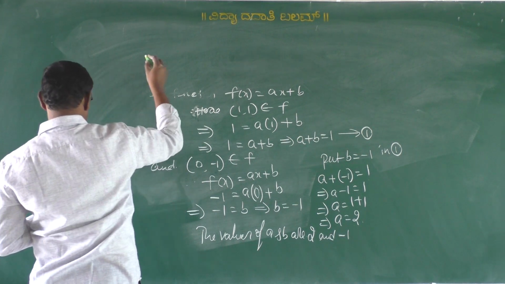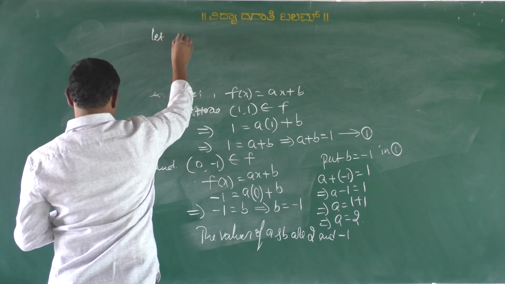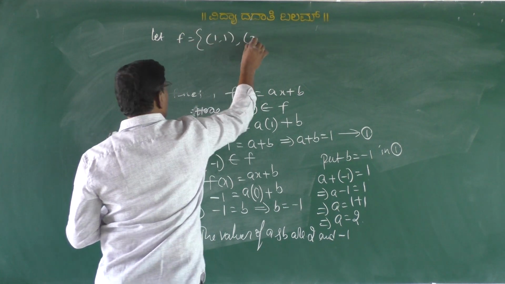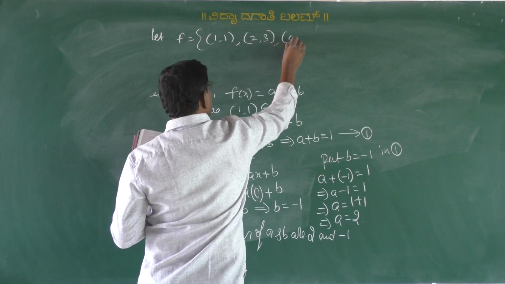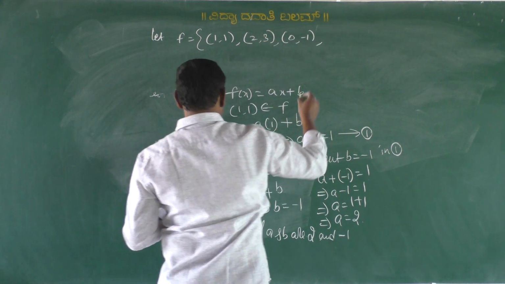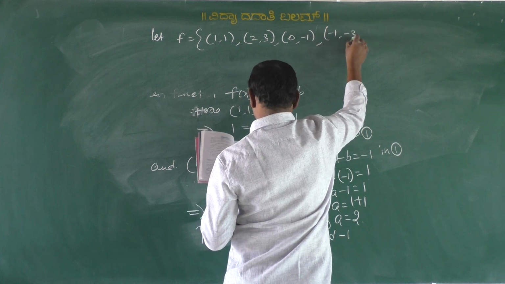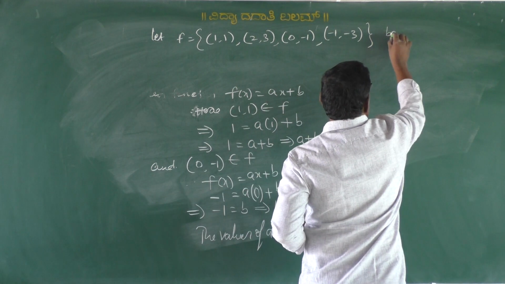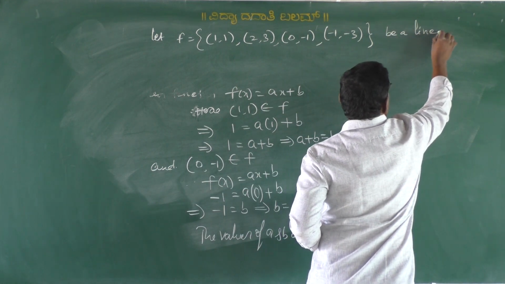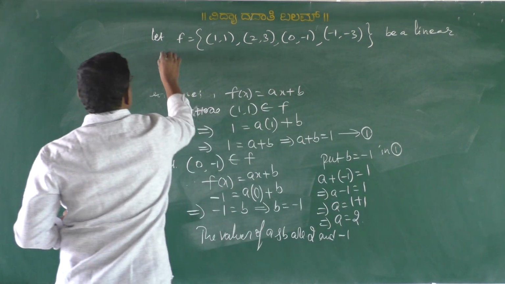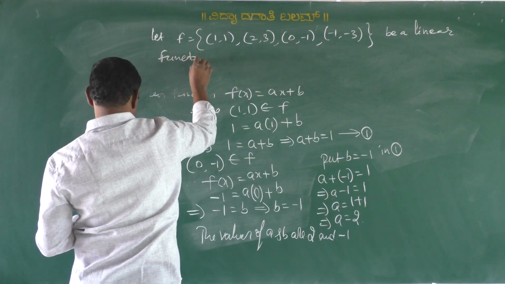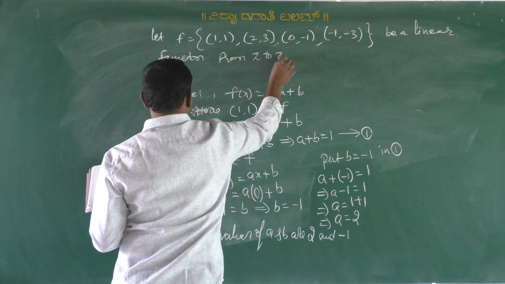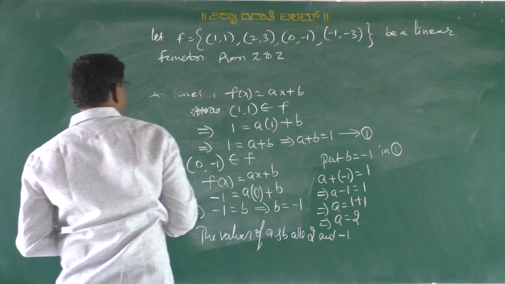Let f = {(1, 1), (2, 3), (0, -1), (-1, -3)} be a linear function from Z to Z. Find f(x).